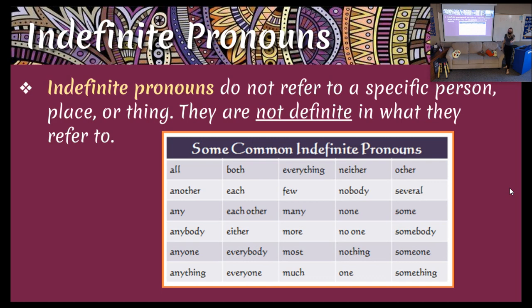You picking up what I'm putting down? If it ends in one, body, or thing, it's an indefinite pronoun. And then of course you have the other random ones in there, like all, any, few, more, some, okay? But just know, indefinite pronouns are not definite because they don't refer to any specific person, place, or thing. They're more vague.